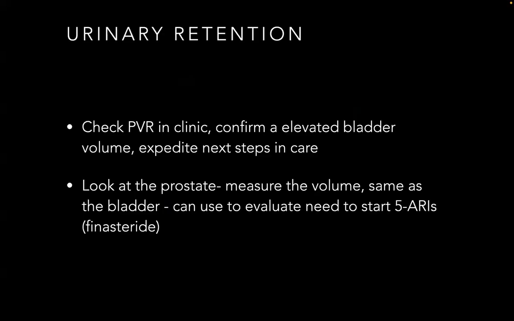And so you can very easily check the patient's PVR in the clinic, confirm an elevated bladder volume, and then help expedite the next steps in care. Also, you can even do a non-invasive evaluation of the prostate size, measure the volume, same as the bladder as well. And this can also help you start these medications like finasteride.